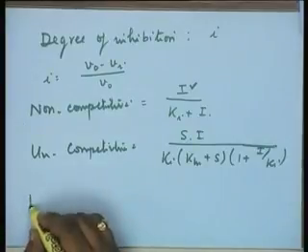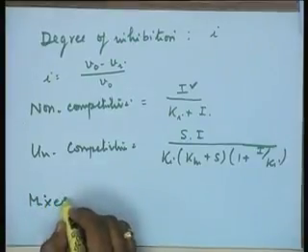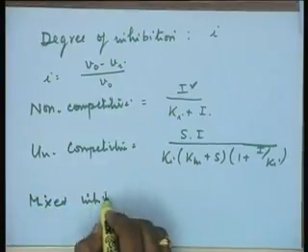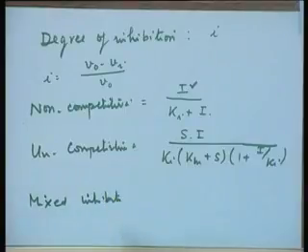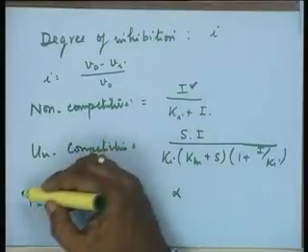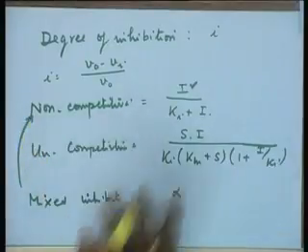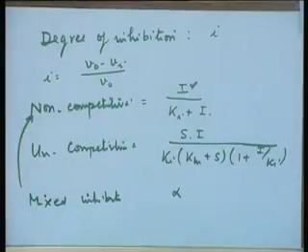Now, in the case of linear mixed inhibition, the degree of inhibition will be largely dependent upon the magnitude of alpha. As I mentioned earlier, mixed inhibition is a special case of non-competitive inhibition, where otherwise substrate concentration does not influence the degree of inhibition, because the binding sites are different and they do not interfere with each other.